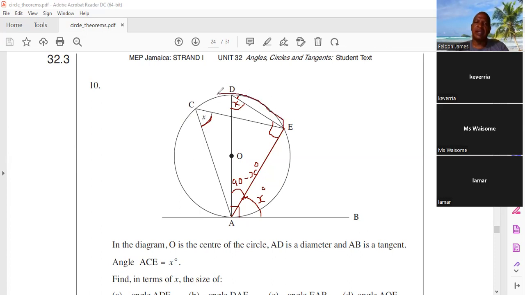They're using the same chord over here, coming back here. Okay, sir. So whatever angle formed within a segment will all be the same. If you're using the chord A and D, this angle is going to be X as well.